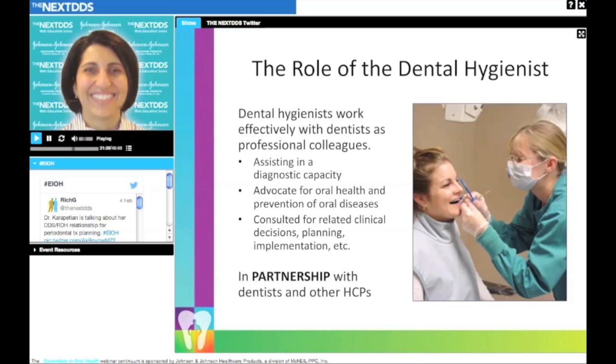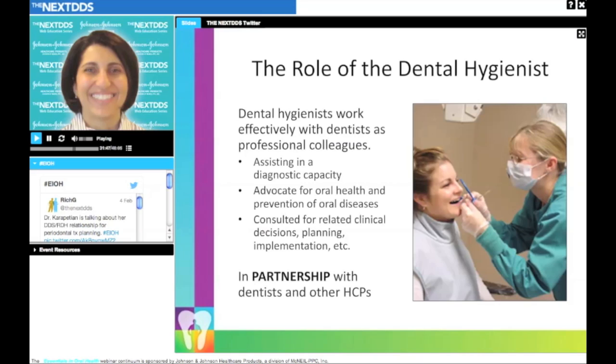They have gone through rigorous examinations, much like the dentist has. So they have an understanding of the science, and they have an understanding of the clinical. So they can be your partner. Now, they may not be able to diagnose, but they can be a partner and help you treat the patient.